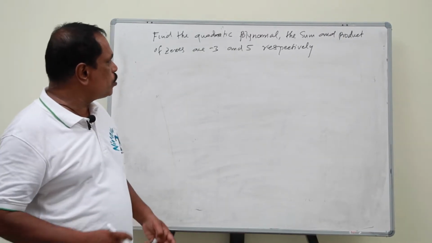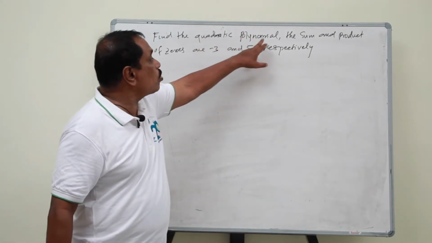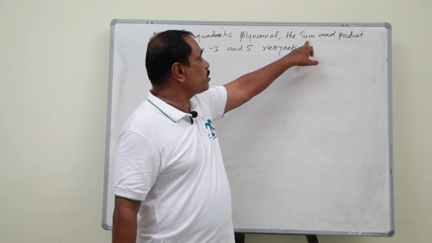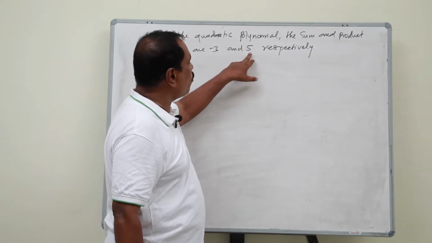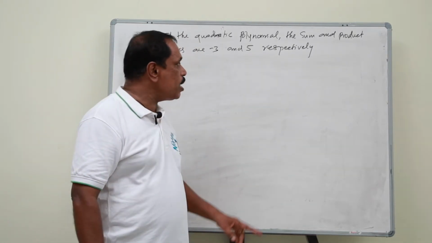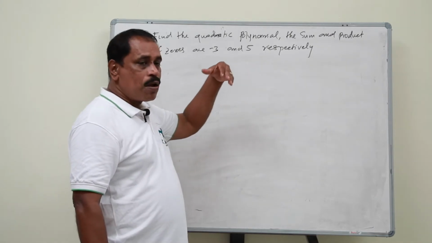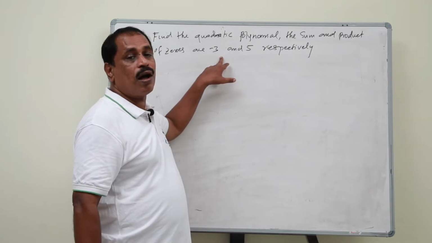Yes, let us do one question. Construction of a polynomial. Find the quadratic polynomial, the sum and product of zeros are minus 3 and 5 respectively. Read the question carefully. In this question, sum and product are directly given. Don't confuse it as zeros.